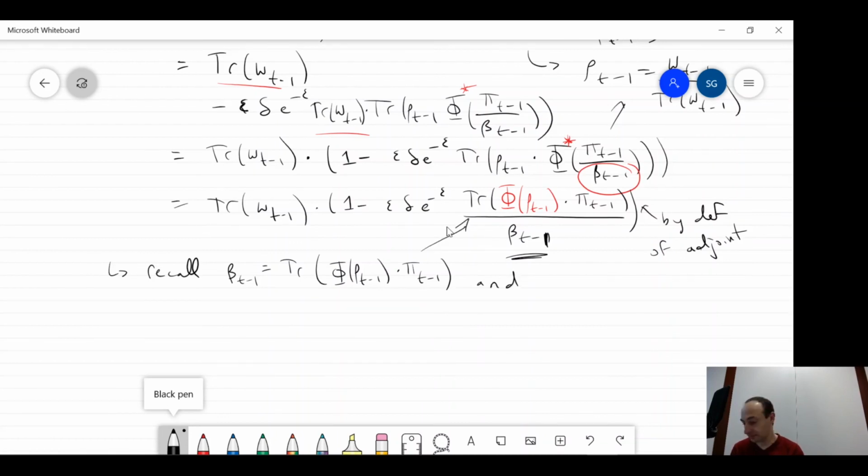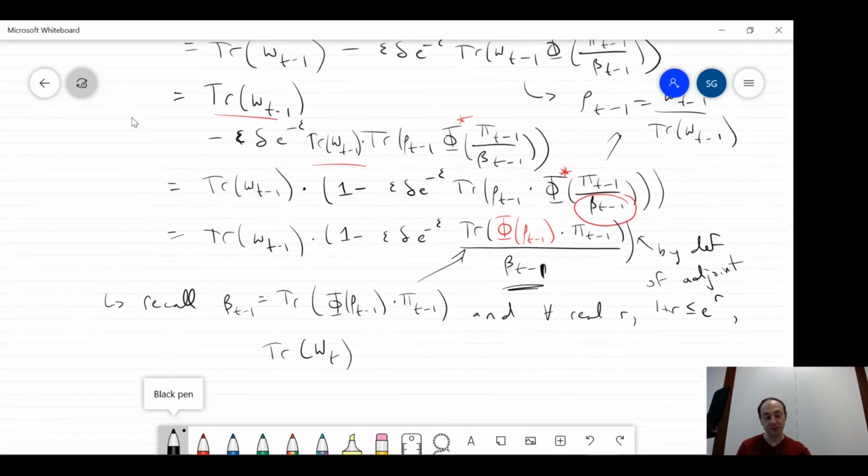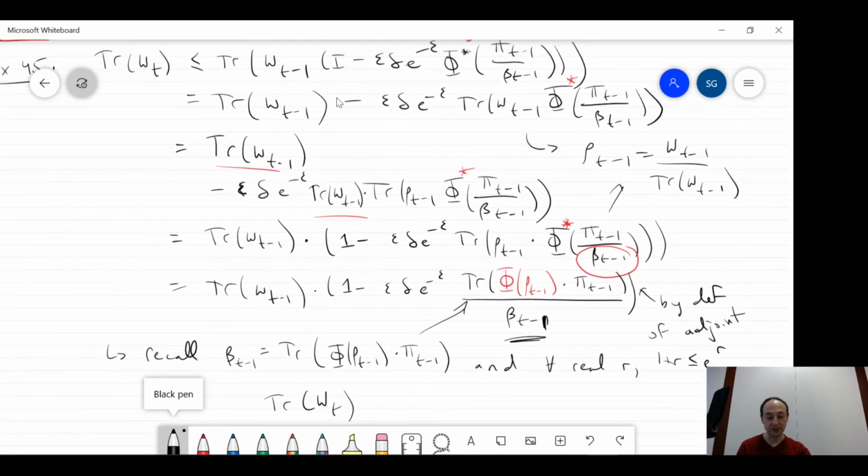And remember that for all real r, 1 plus r is at most e to the r. So what do we get? We conclude, therefore, that the trace of wt, this is what we've been trying to bound this whole time, right? In terms of the second part of this potential function analysis, right? Trace of wt, we're trying to get this upper bound. We got all the way here. We know that these two will essentially cancel out. This will go to 1.